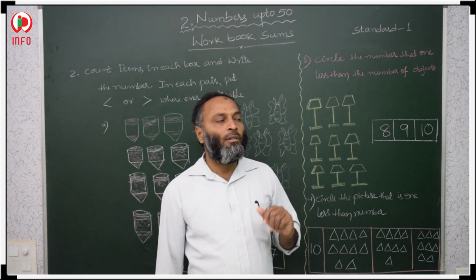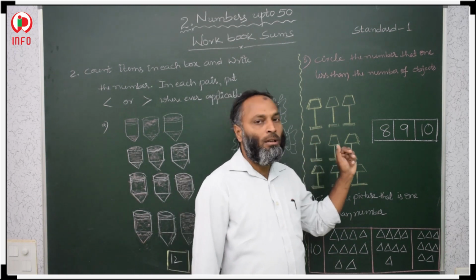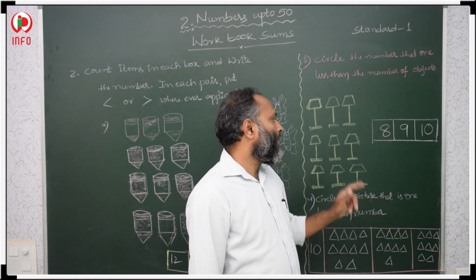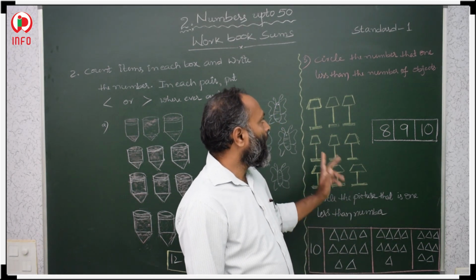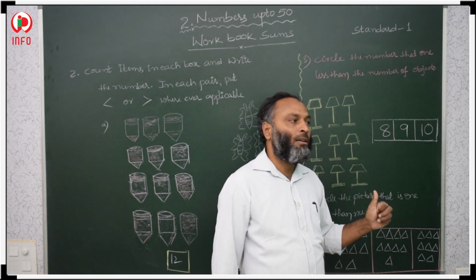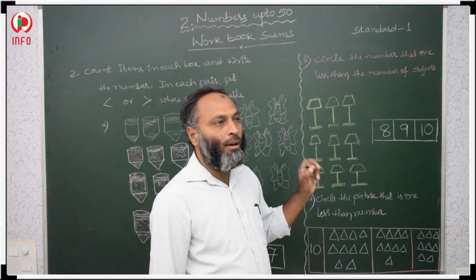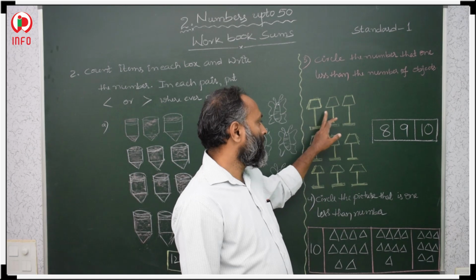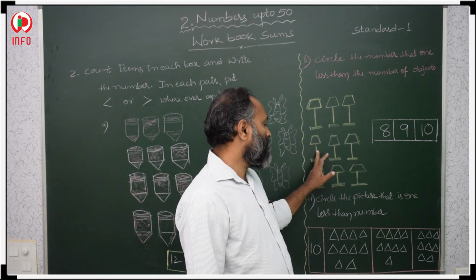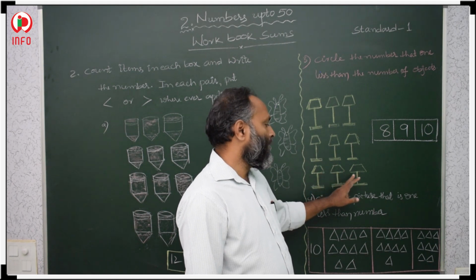First, we have to count the objects. How many lamps were given? We have to count first, then after counting, make one less than that number. Count the number of lamps: 1, 2, 3, 4, 5, 6, 7, 8, 9.